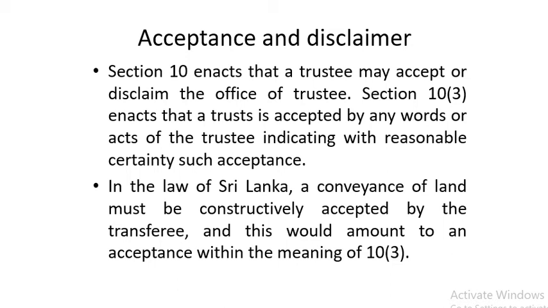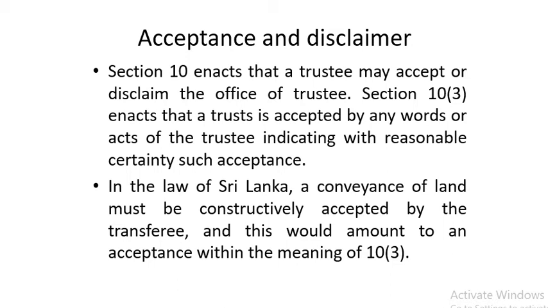Because as we have studied, when you create a trust, there may be two documents. One is known as the deed of trust. The other one is the deed of transfer. Because the property is immovable property or land or something that should be transferred to a trustee, that's a separate transaction that should be executed.